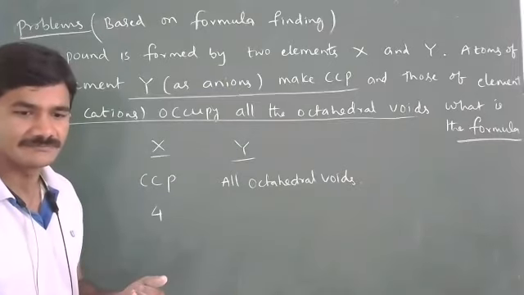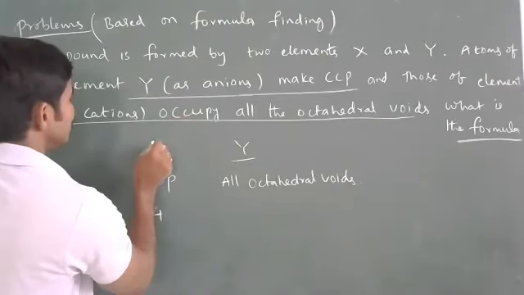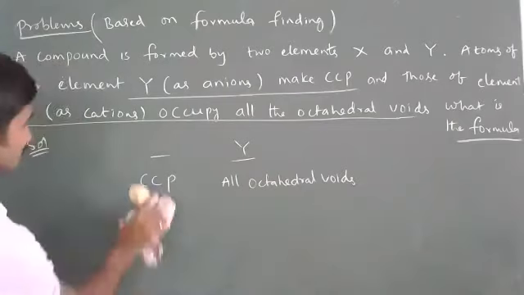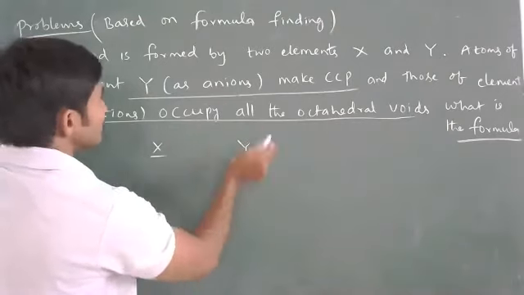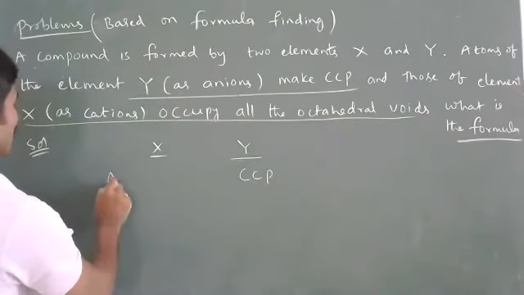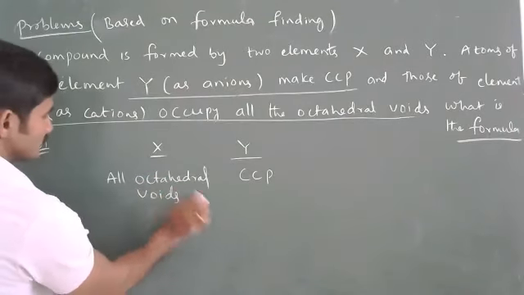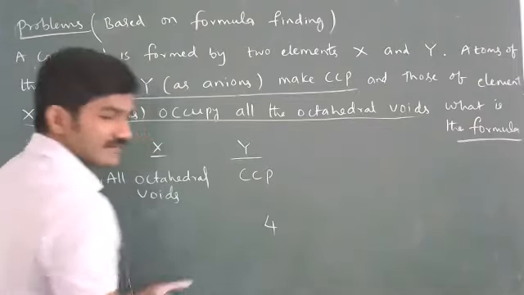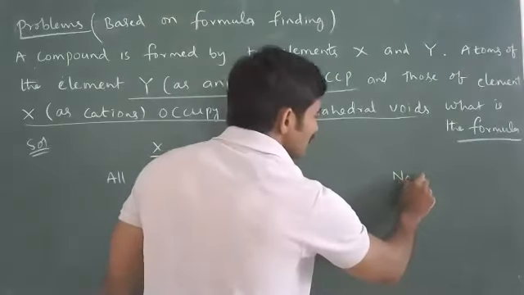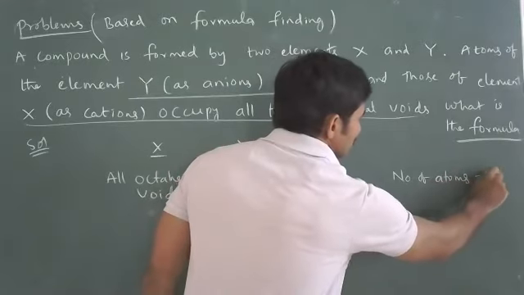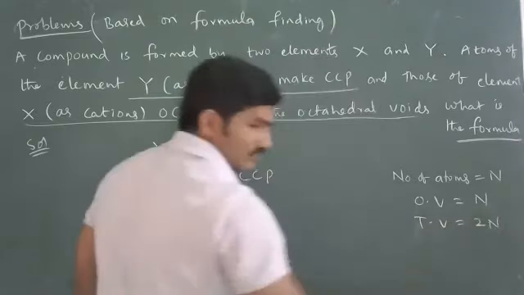If the number of atoms is n, octahedral voids is equal to n, tetrahedral voids is equal to 2n.